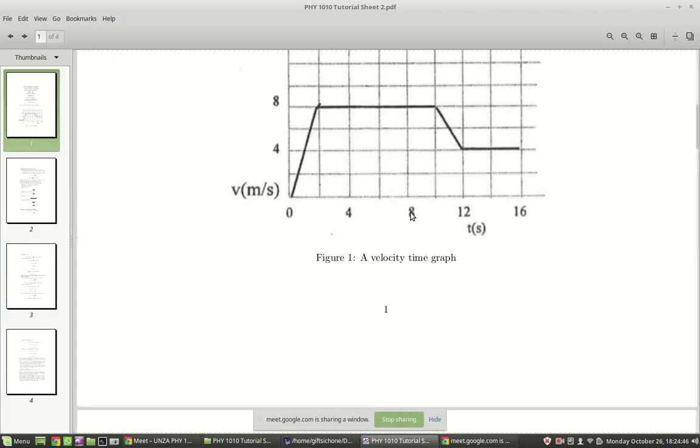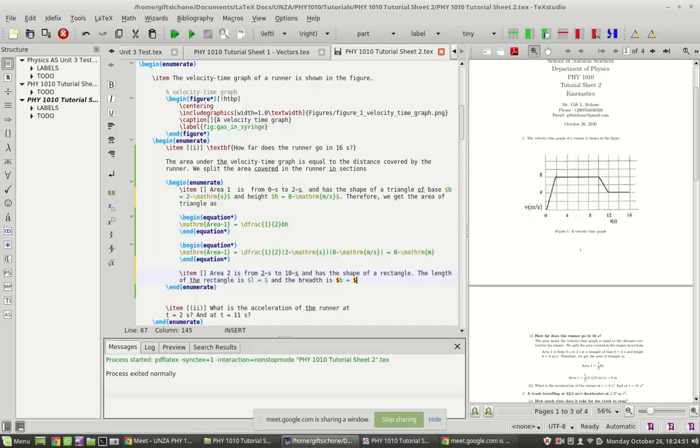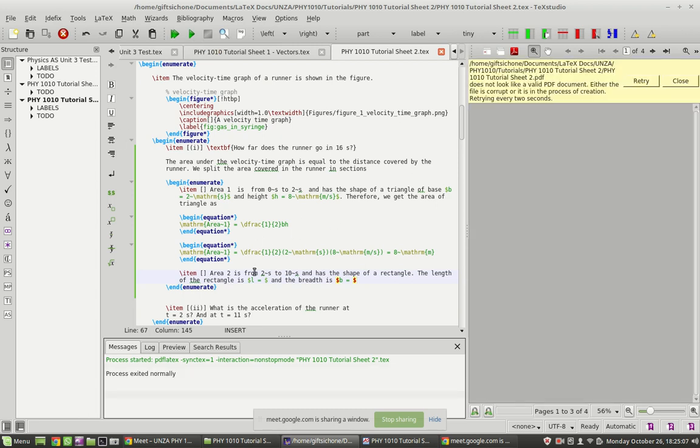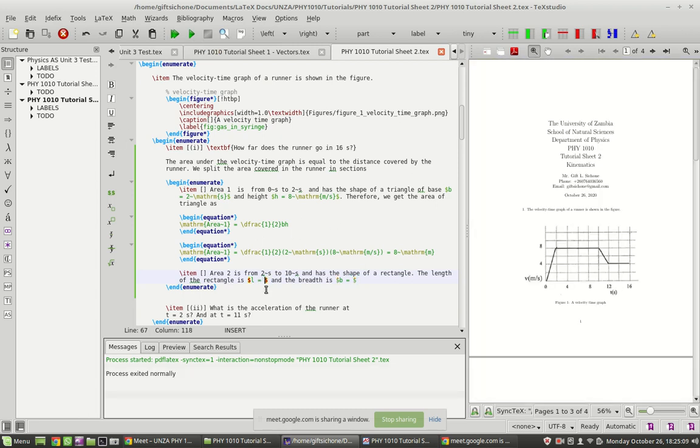If you move from 2 seconds to 10 seconds, how much is the length? 8. 8 what? Meters. 8 seconds. Not meters. This length is very special. It's a length measured in time, in seconds.